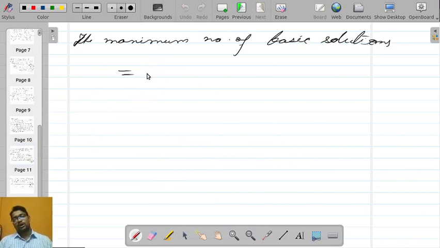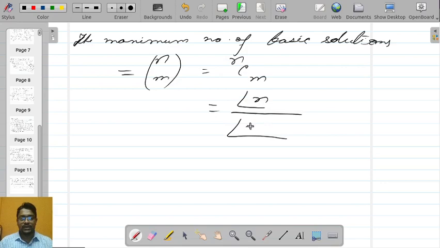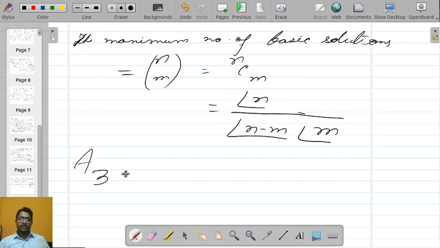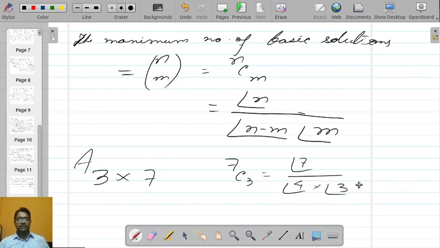How many ways can we do that? The maximum number of basic solutions will be n choose m, that is nCm, which is factorial n divided by factorial n minus m into factorial m. If we are given a system having 3 equations with 7 unknowns, the maximum number of basic solutions will be 7C3, that is factorial 7 by factorial 4 into factorial 3, whatever it is, that is the answer.